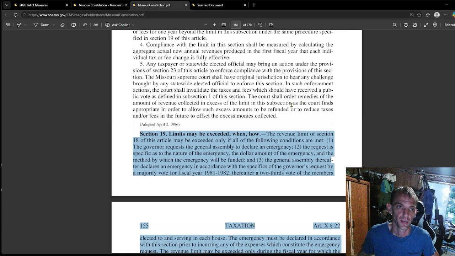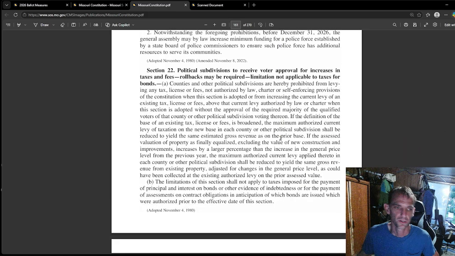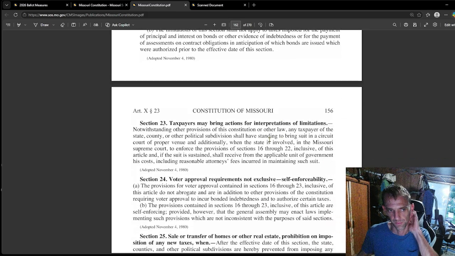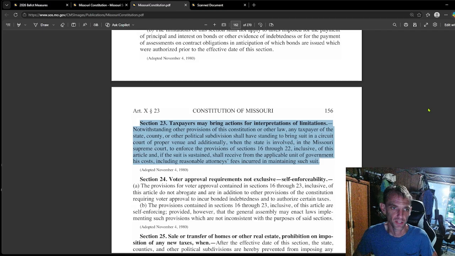Okay, and now we need to go to Section 23 of this article. We'll read it real quick. Section 23. Taxpayers may bring actions for interpretations of limitations, notwithstanding other provisions of this Constitution or other law.